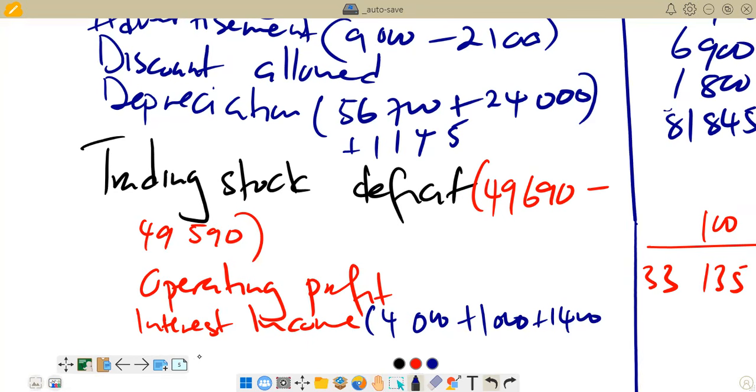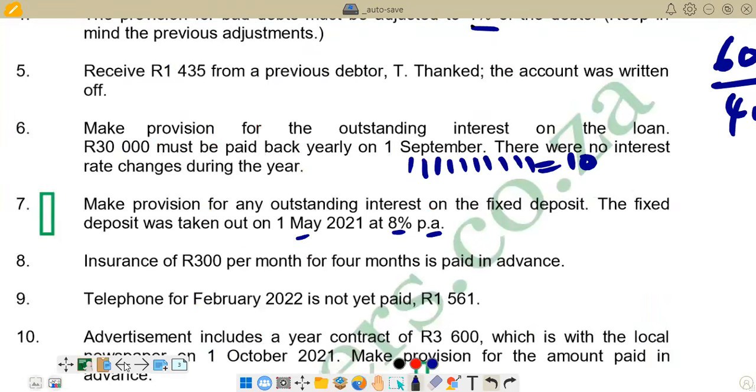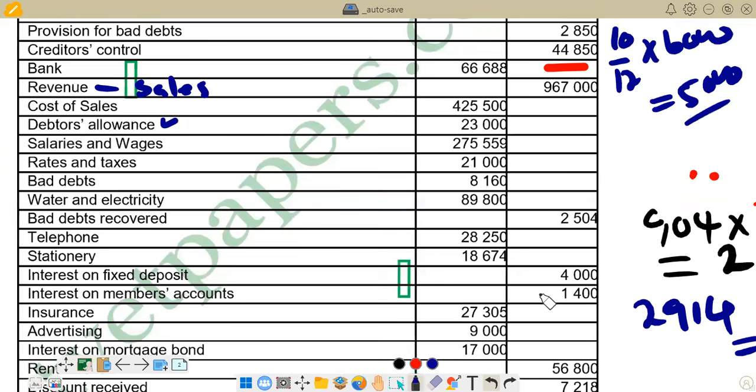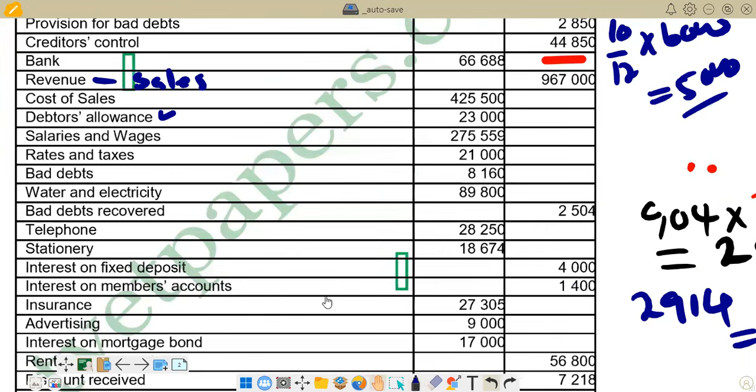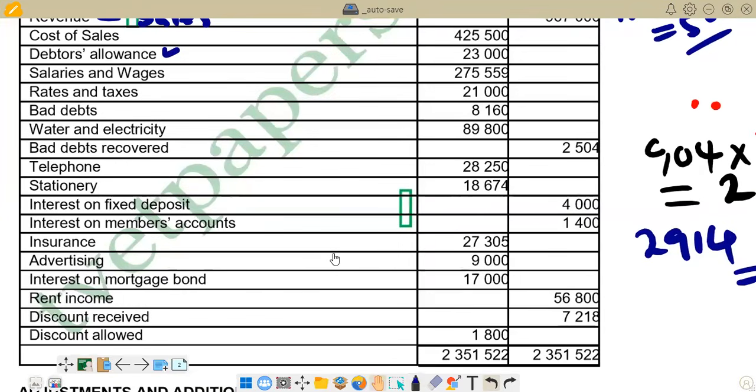Remember, we also have another one that is there. We can recheck that one. If you come here, this one, interest on members' accounts, 1,400. So we are adding this one plus the 1,000 that was still outstanding.